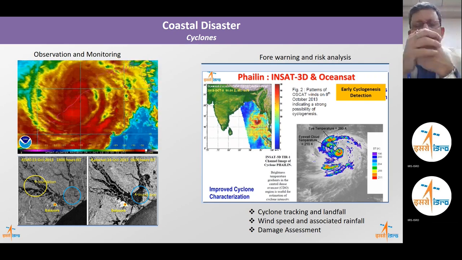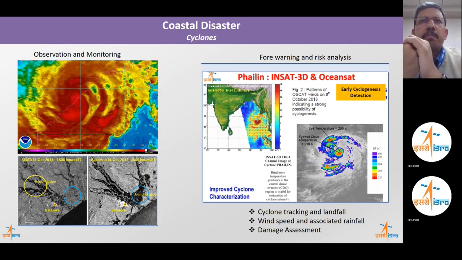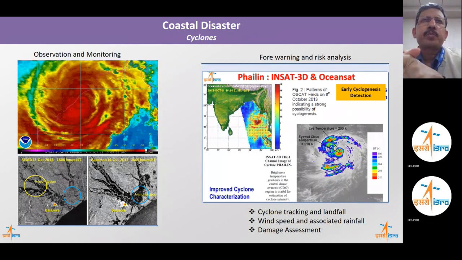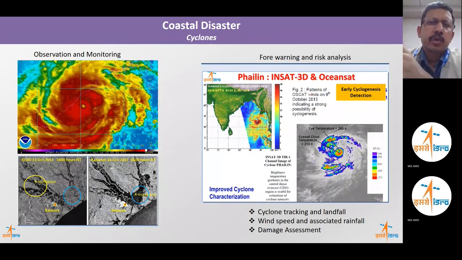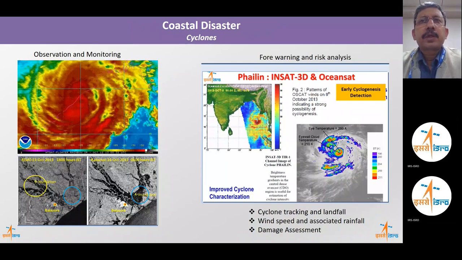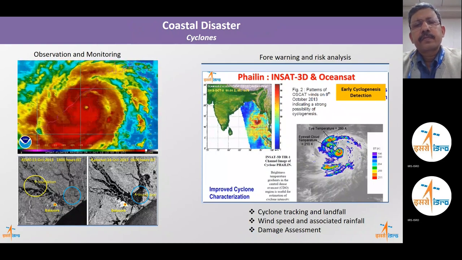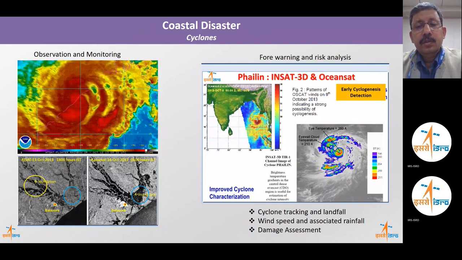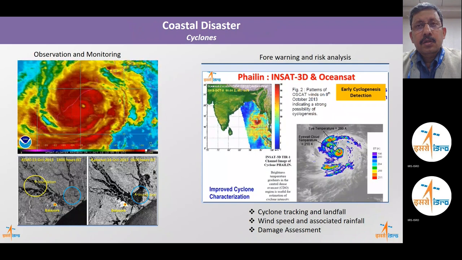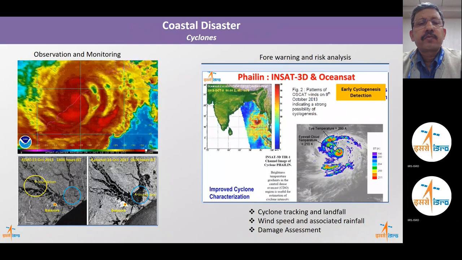So in 1999, we had a very big cyclone in Odisha. That is the Odisha super cyclone. I think many of you remember it. In this particular event, more than 10,000 people lost their lives. Now, we come back to 2013. We had Cyclone Phailin.